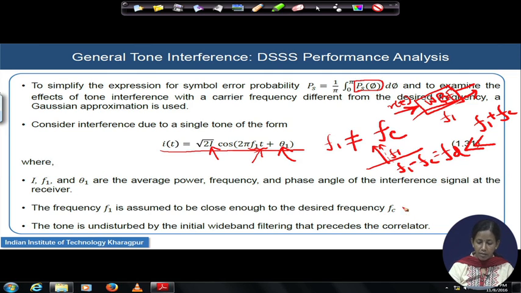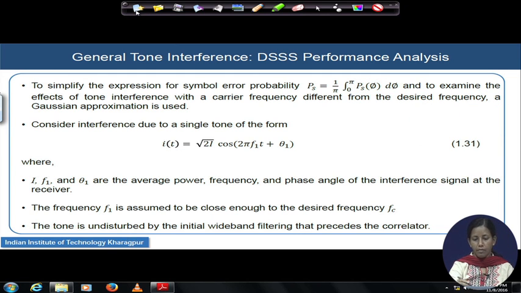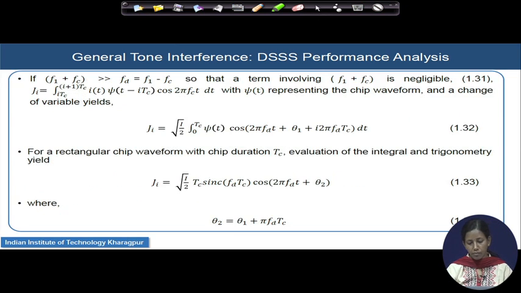But here in our analysis we are considering that f1 is so close to the center frequency of transmission fc that the wideband filter allows f1 to enter the baseband, completely undisturbed, like our desired signal frequency fc.